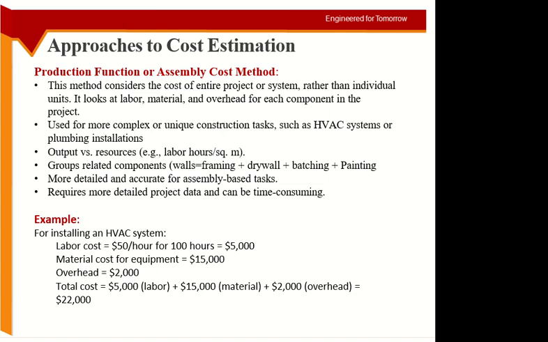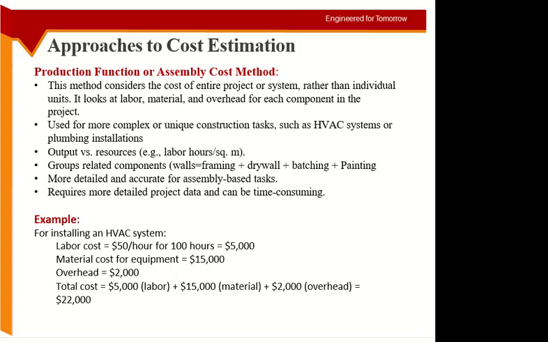So in this case you are basically looking at how many resources you will need for the output you are looking for. For example, how many labor hours you will need for every square meter of the work you complete.